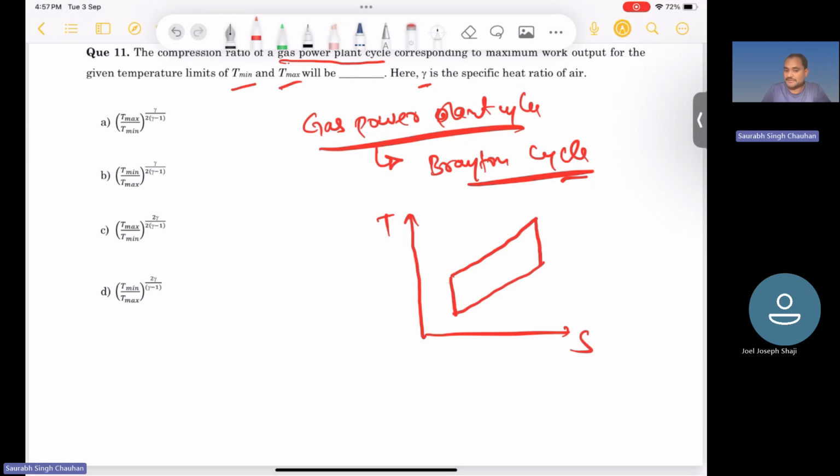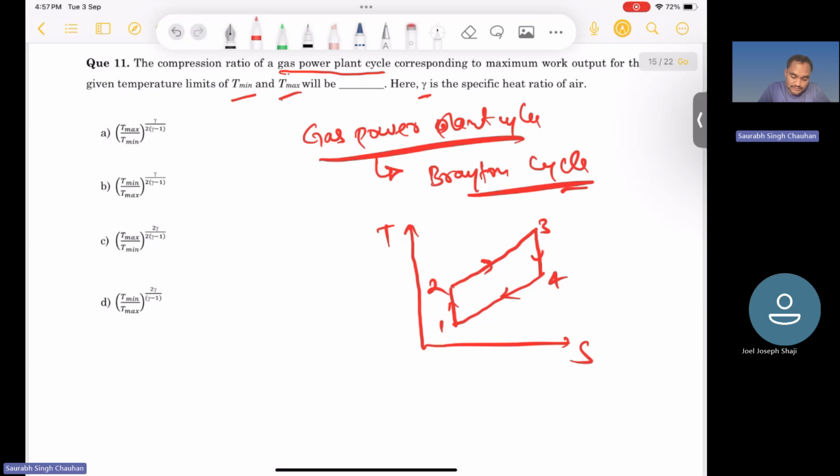So there are two isobaric processes and two isentropic processes. 1, 2, 3, 4. So from 2 to 3, you are getting work output. Anyways, the compression ratio. Okay, so here also the definition for the compression ratio is same. The maximum volume to the minimum volume.